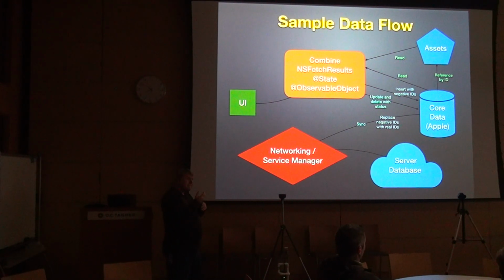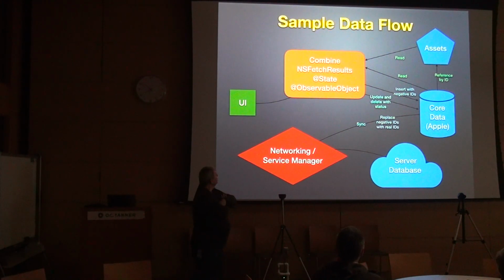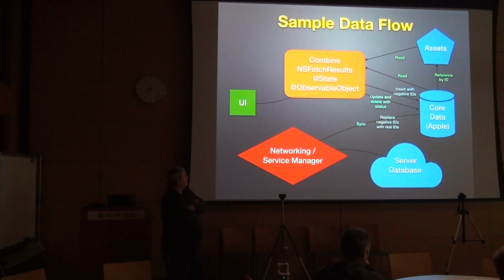Did you convince everyone to do it this way? I haven't talked to them yet. I know it's a little complicated, to say the least. But anyway, this is one approach to do it if you want to do core data as a repository.